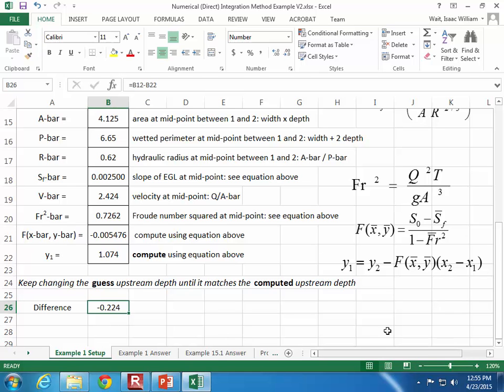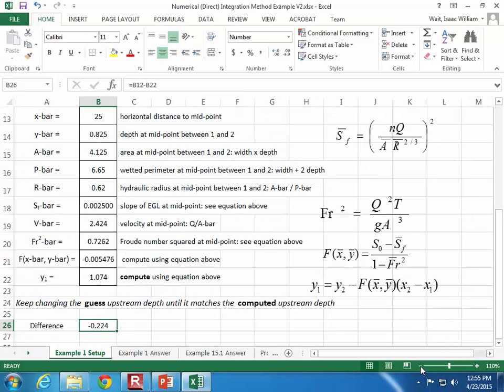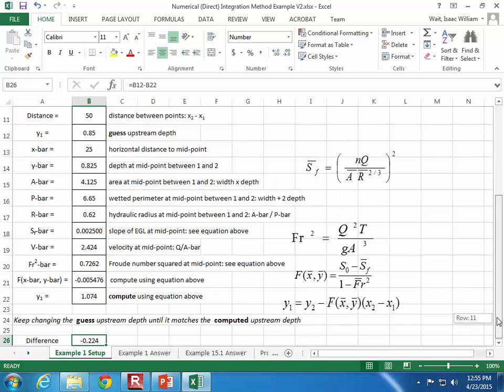I can do that by just typing in a bunch of values until it finally gets there. You know, 0.9, does that get me closer? Yeah, 0.9 is a better guess. What about 1? It looks like now I've maybe overshot it.